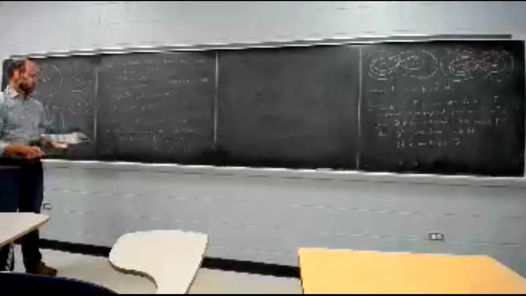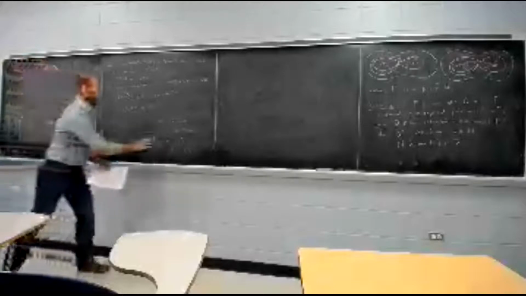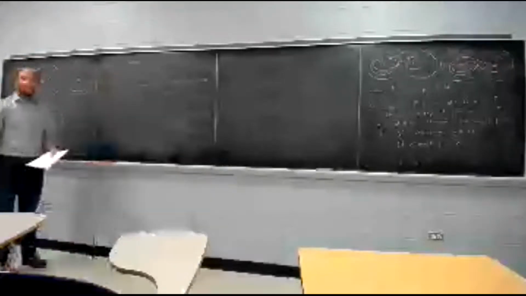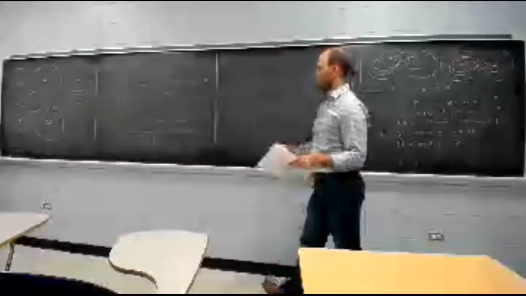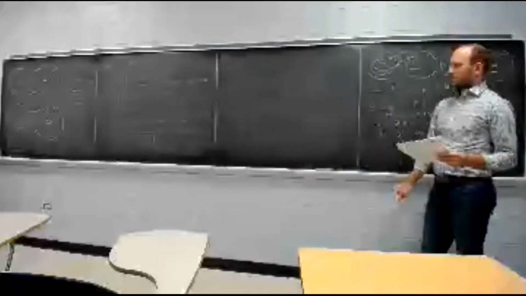At some point I'd like to say something about this, but I don't think I want to do that now because I wanted to jump up to actually calculating the group of 3-manifolds. So let's do that now. Any questions? Okay.